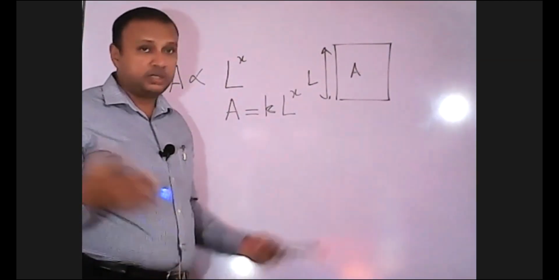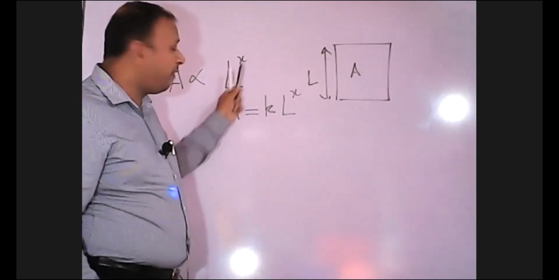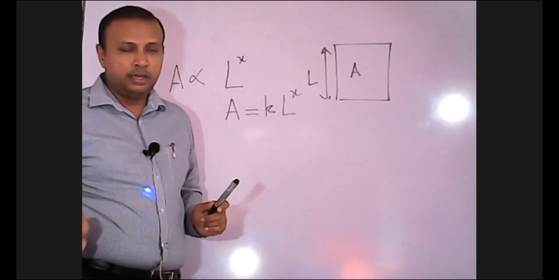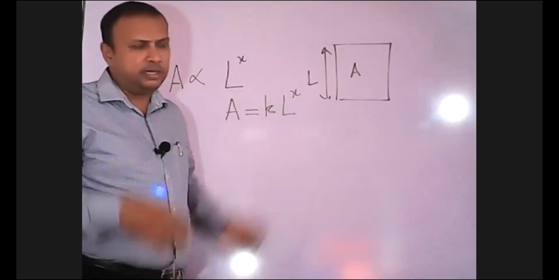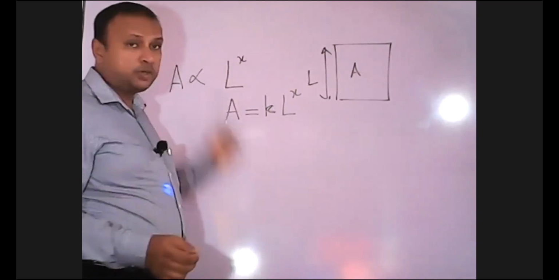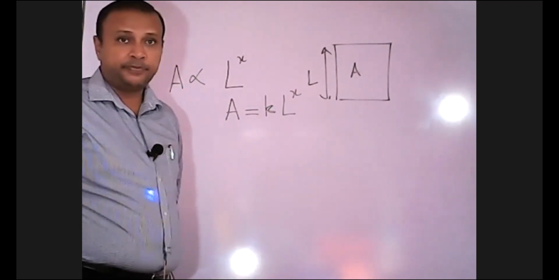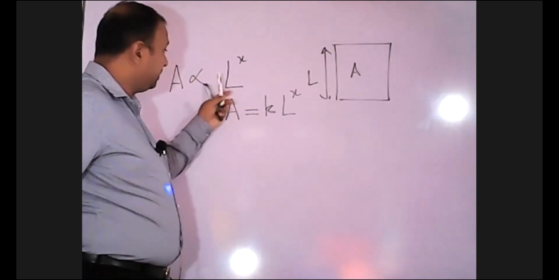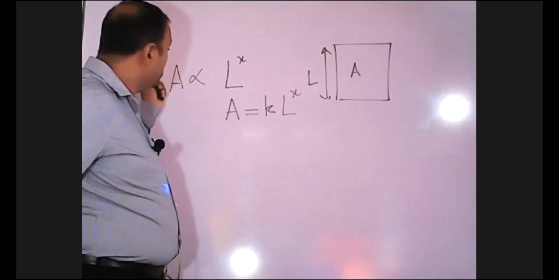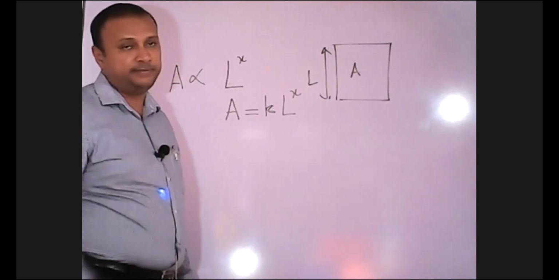Actually, I don't know whether they are directly proportional or not, but I have assumed some power of L is directly proportional to A. If I can find that power, then we can say L to the power 2 is directly proportional to A, or L to the power 3 is directly proportional to A. So the first step is assumption. That is step number 1.